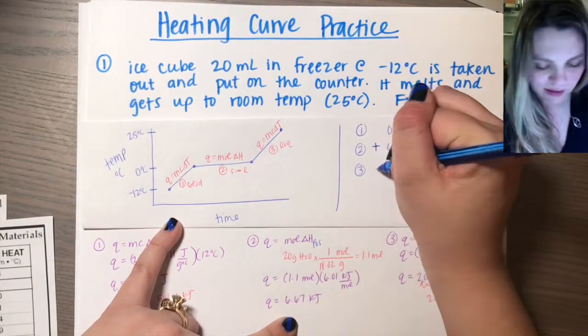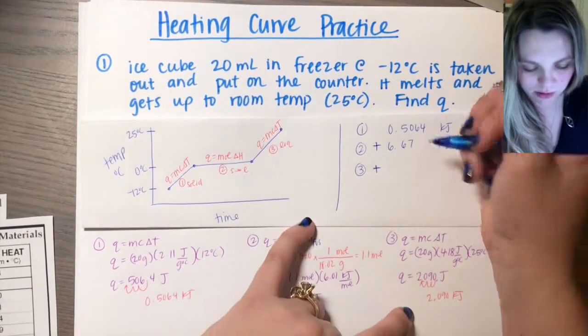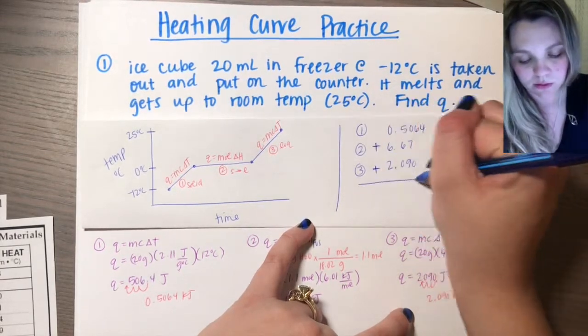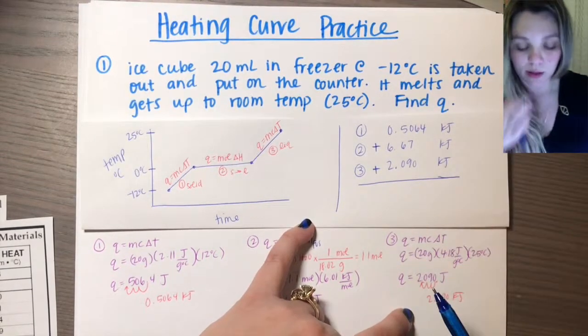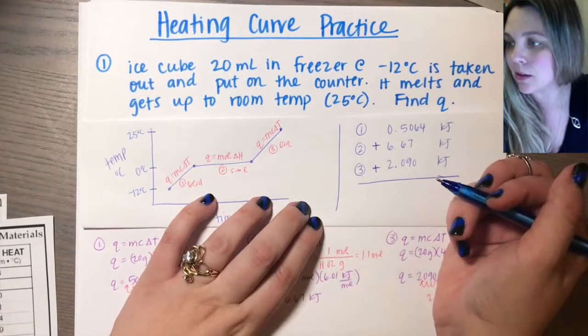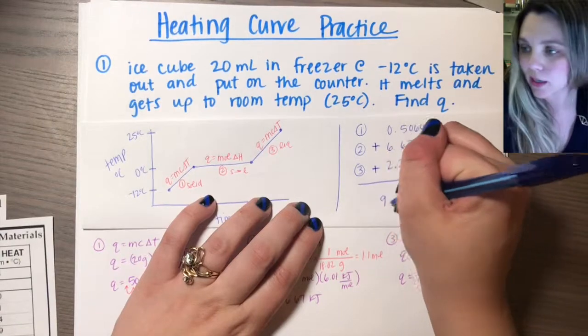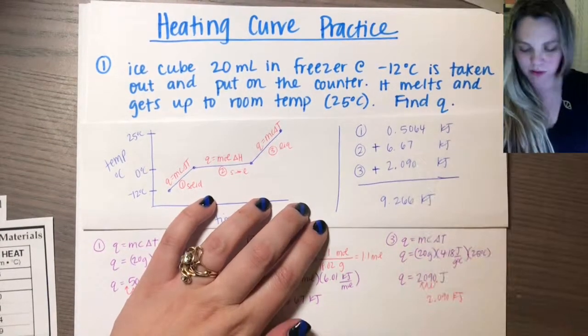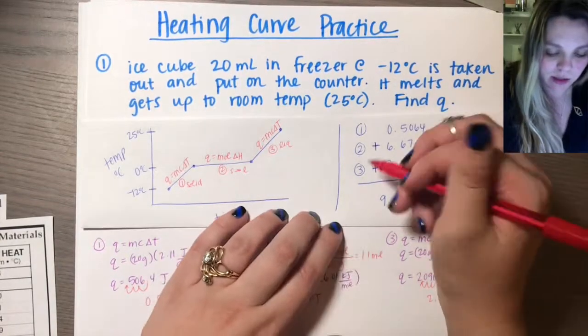And then you add that to step 3, which would be 2.090 kilojoules. Very fun to watch me write out numbers, okay? Add all those 3 things together and you get an answer of 9.266 kilojoules. And this is the actual answer, right?